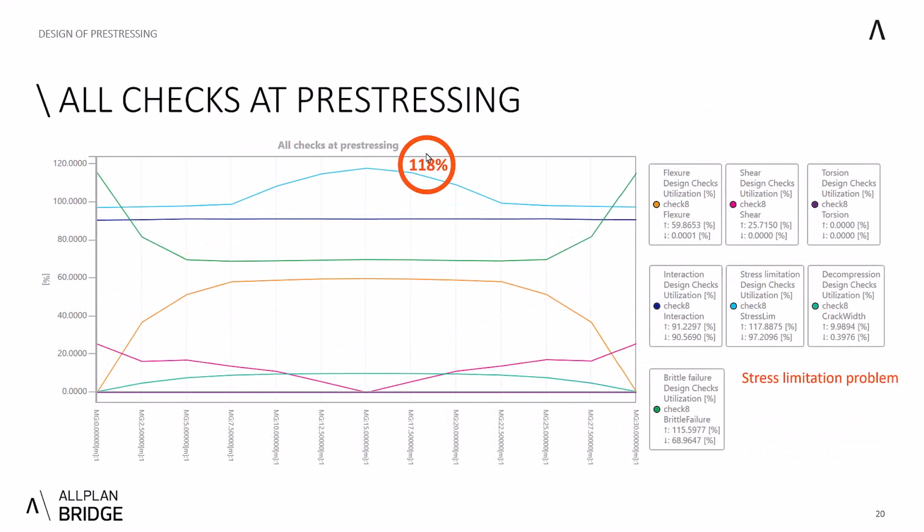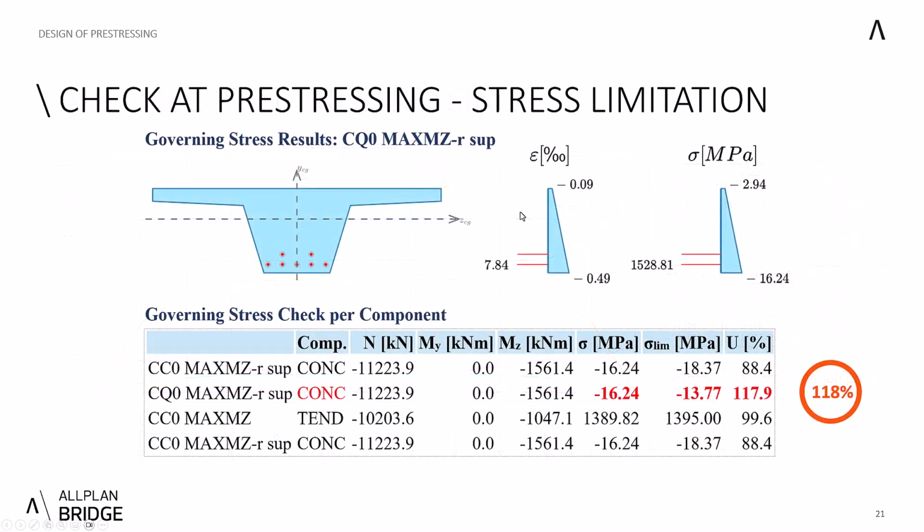However, the problem arises at the time of pre-stressing when there could not yet be a decrease in the pre-stressing force due to long-term losses. Therefore, the stress in the concrete under the quasi-permanent loads exceeds the limit, 118%. Let us investigate the situation in more detail.